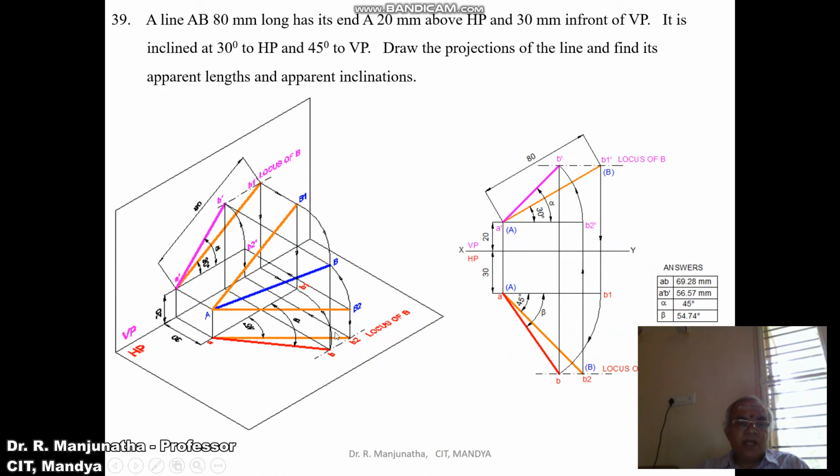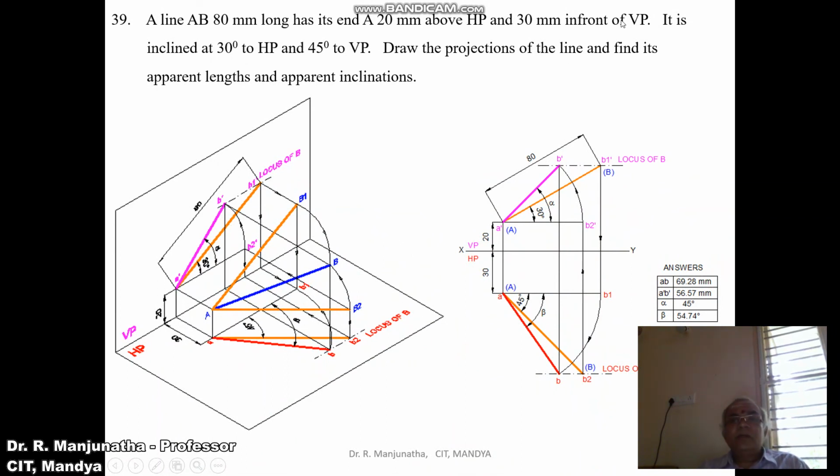This is small a and this is B2. We are considering B2 because this is the second line which we have considered and this is the first line we considered. So this becomes A dash B1 dash and this becomes a b2. So that is the top view. This is in space and this is in the plane when it is projected.